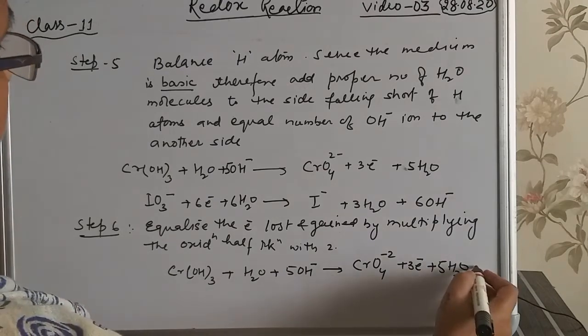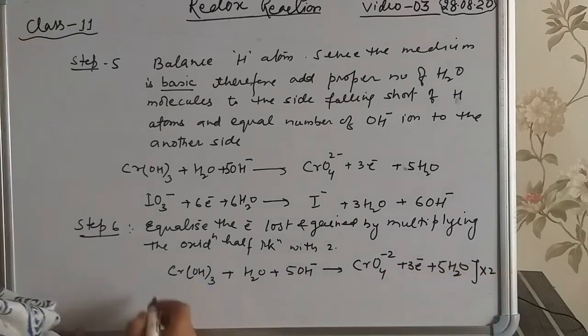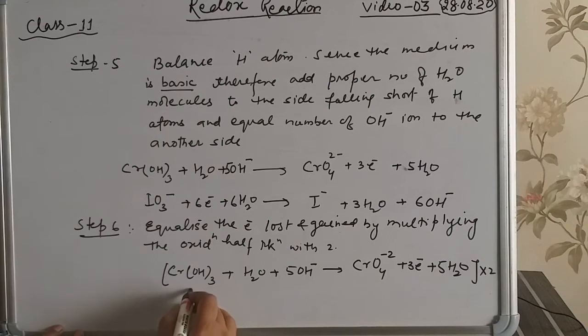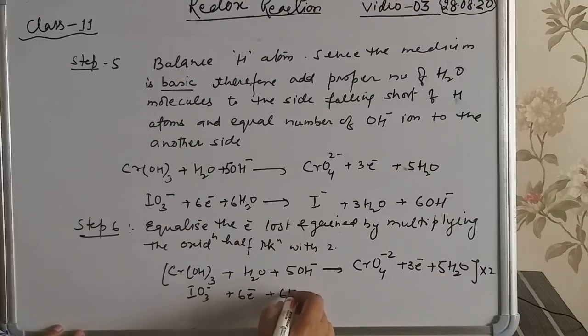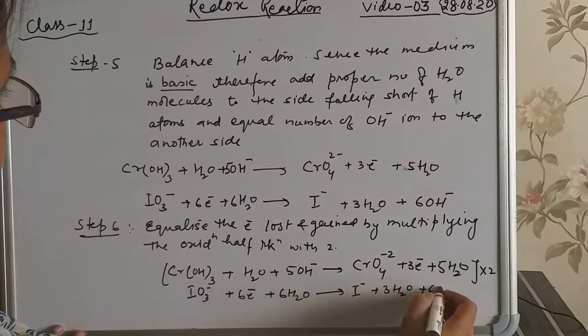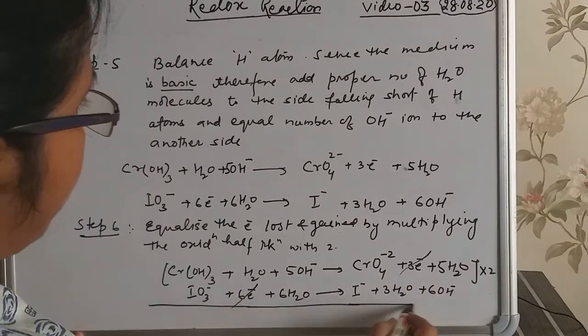Here we balance the electrons lost or gained by suitable stoichiometry, and IO3- plus 6 electrons plus 6 H2O gives I- plus 3 H2O plus 6 OH-. So 3 times 2 is 6 and 2 times 3 is 6, so the number of electrons lost and gained becomes equal.